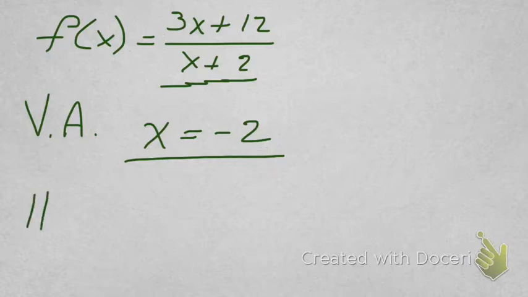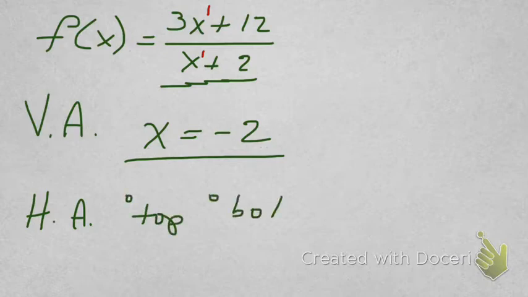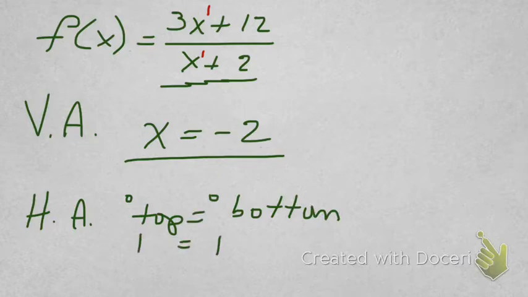To find a horizontal asymptote, we need to compare the degree of the numerator with the degree of the denominator. The highest power up top is 1. Same is true for the bottom. When those degrees are equal, we find our horizontal asymptote by dividing the leading coefficient up top by the understood leading coefficient down low.